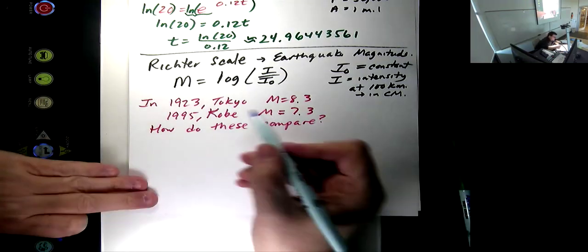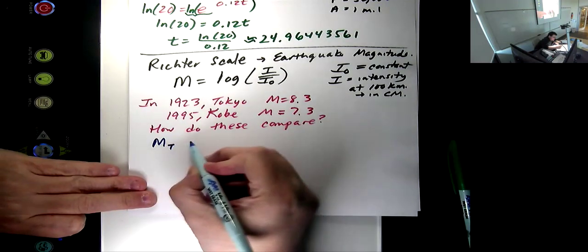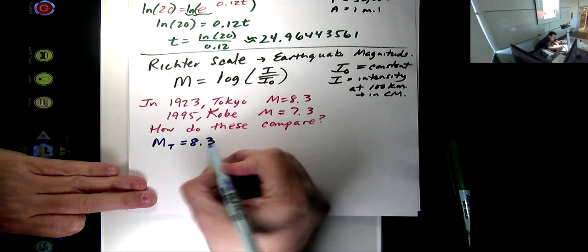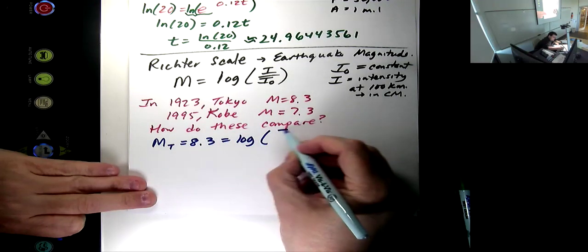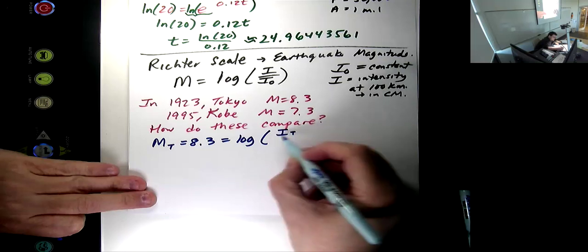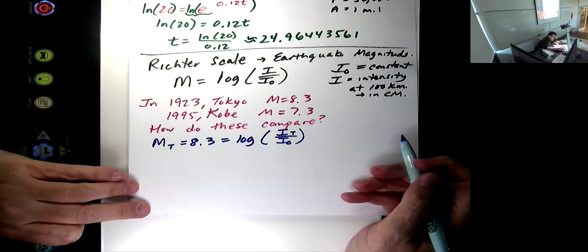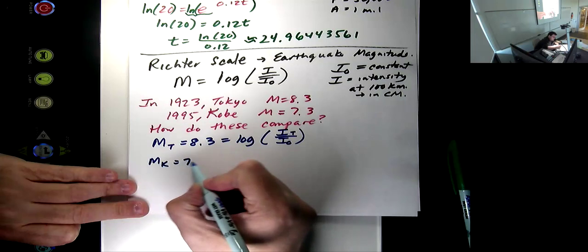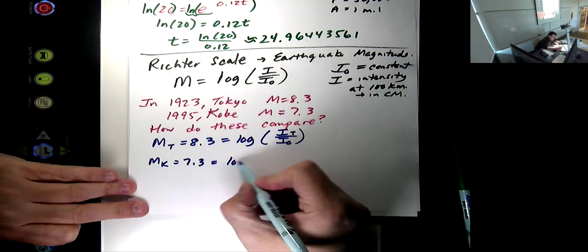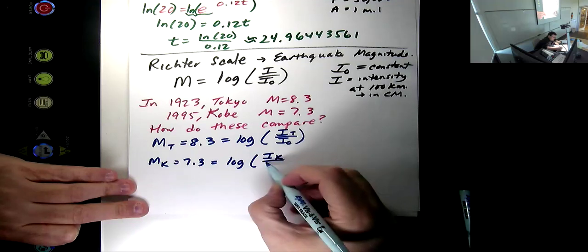So I'm gonna write two equations for this. I'm gonna say the magnitude in Tokyo, I'll give it T, is 8.3. And that equals the log of the intensity in Tokyo over IO. And the magnitude in Kobe was 7.3, and we'll call that log of intensity of K for Kobe over IO.